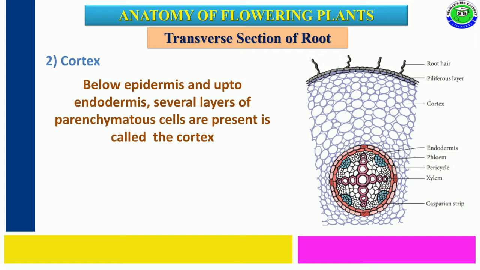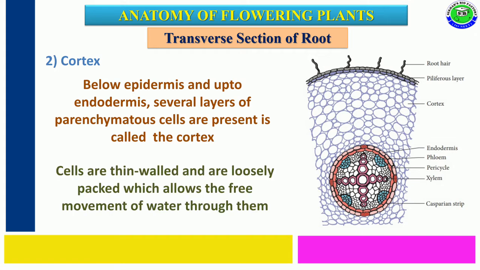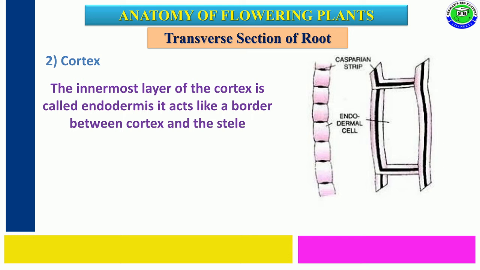The cortex cells are parenchymatous cells with thin cell walls, and the cells are loosely packed to allow water movement through them. The innermost and last layer in the cortex is called the endodermis, and it acts as a boundary in between the cortex and stele.